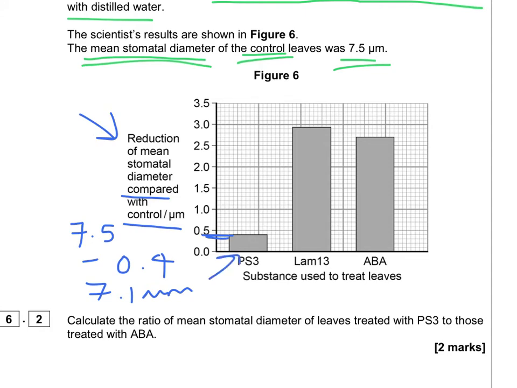And then ABA, which is the other one we're coming up to: 2.7, so 7.5 minus 2.7, and that will give you 4.8 micrometers.